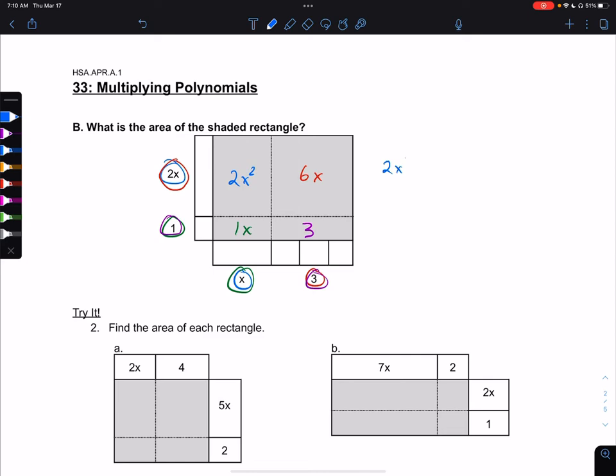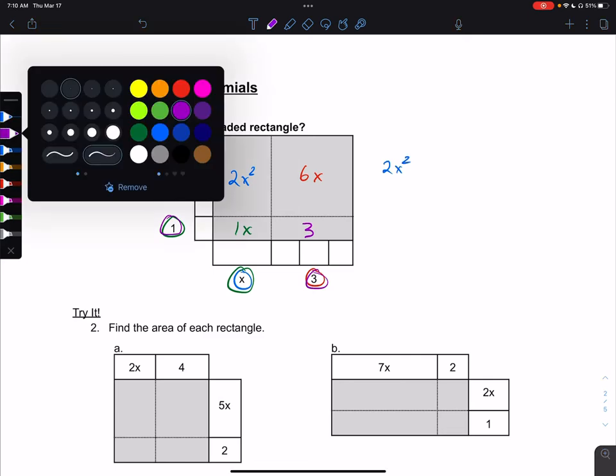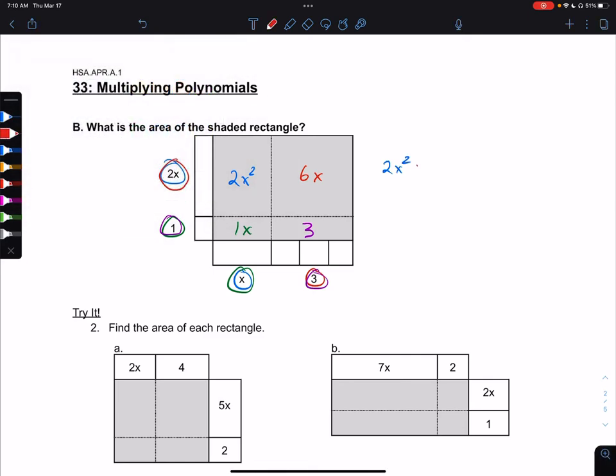I have 2x squared plus 6x plus 1x plus 3. Then I can add each of those terms up. If there's any like terms with positive 6x and 1x. So we would say 2x squared plus 7x plus 3. And this would be the area of my shaded region.